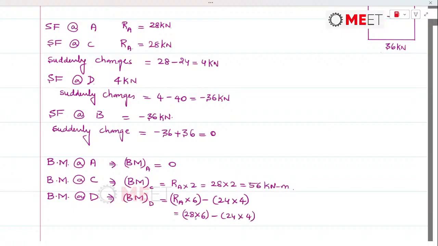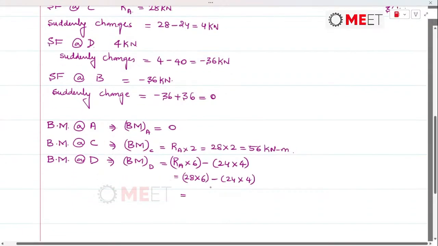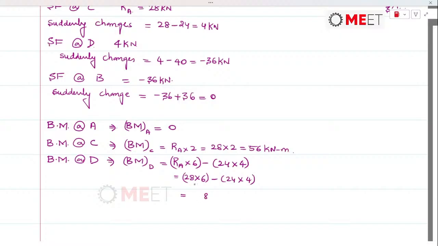So 28 into 6 is 168, minus 96, it would be 72 kilonewton meter.